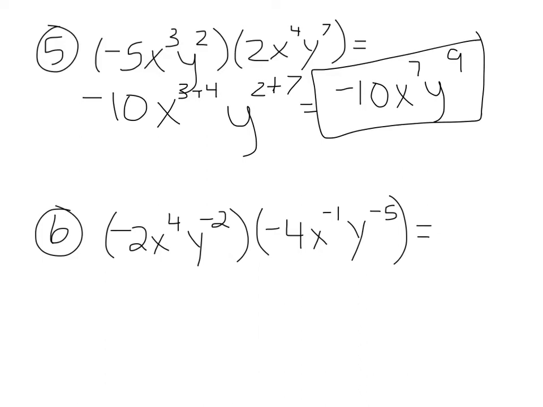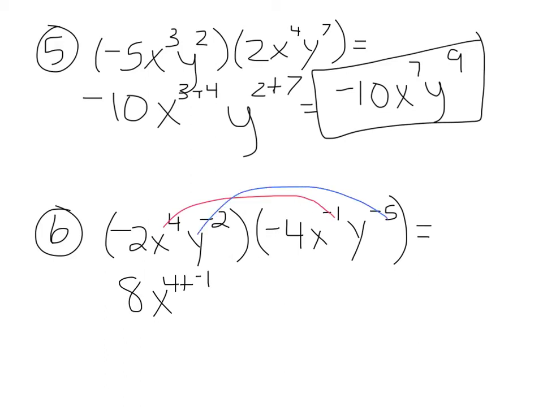Alright, number 6. Same concept. You're going to take negative 2 times negative 4 to give you positive 8. Then we're going to put our x's together, so we take 4 plus negative 1, and then we put our y's together, so we have y to the negative 2 plus negative 5.